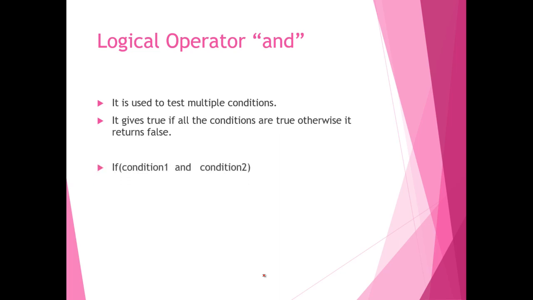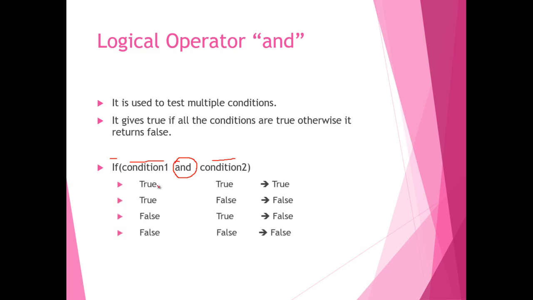And how can we use it? Suppose I write if, and then condition 1 and condition 2, and in between these two conditions I put the AND logical operator. If both conditions are true, you get the result as true. As I already told you, in case of AND, all the conditions must be true.